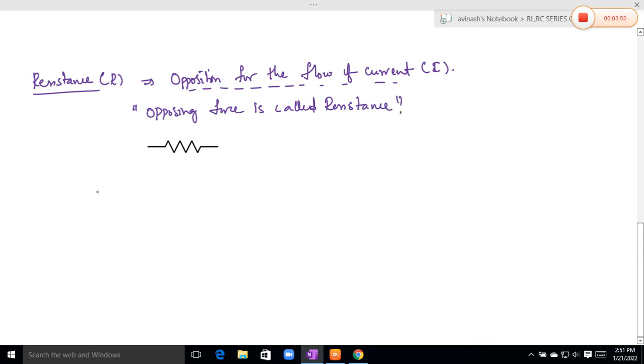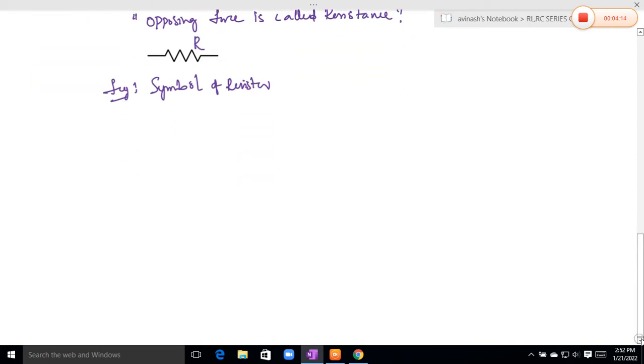The resistance symbol is this one. This is the symbol of a resistor. It is denoted by capital R. The practical resistor you already saw there. Let us define the resistance value here.